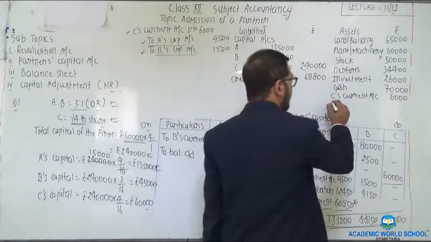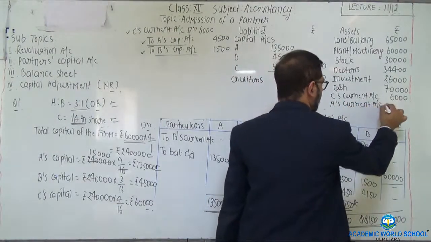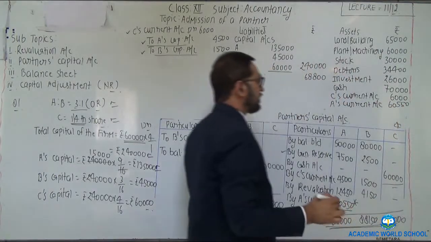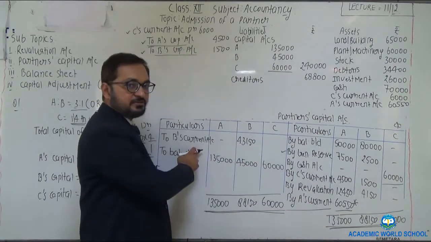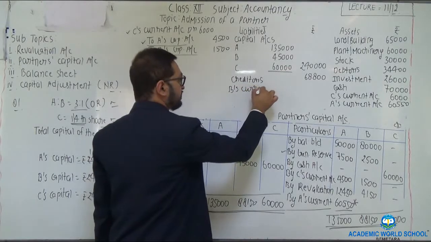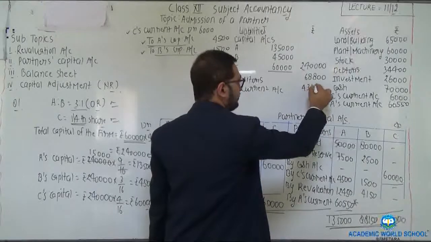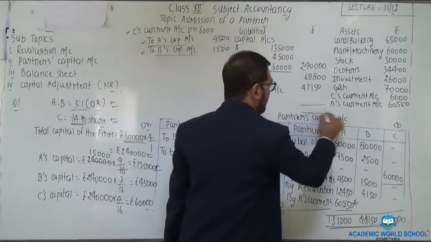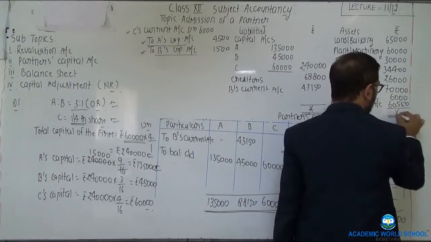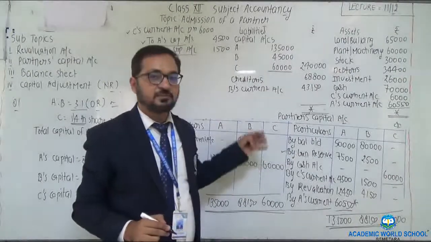So it should be placed on the debit side at once. So A's current account would be 60,550, and here B's current account is placed on the debit side. So it must be placed at once on the credit side. B's current account, that is 43,150.